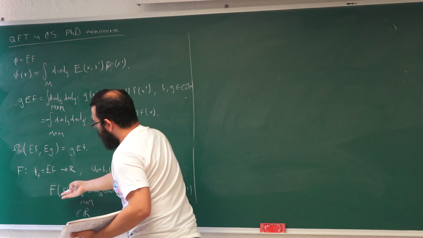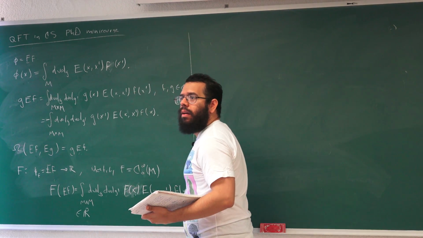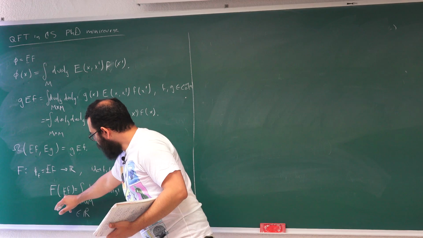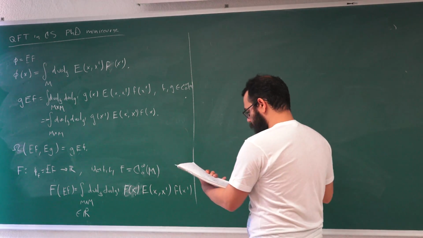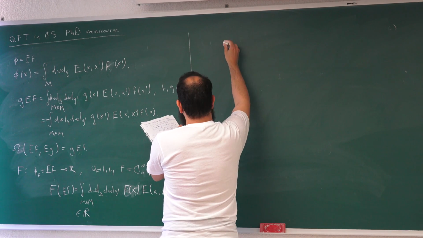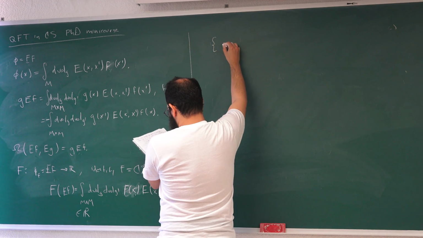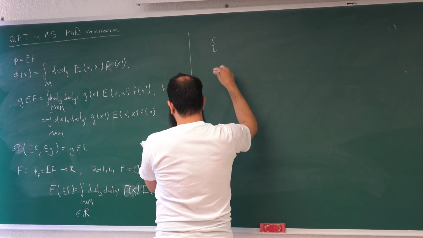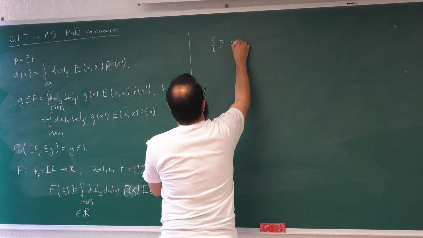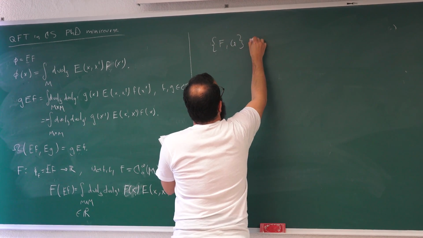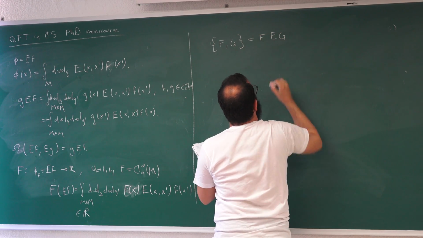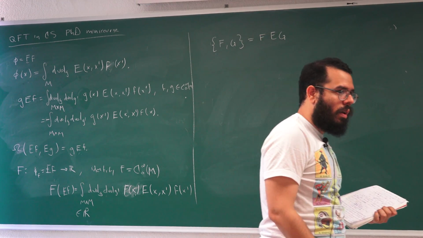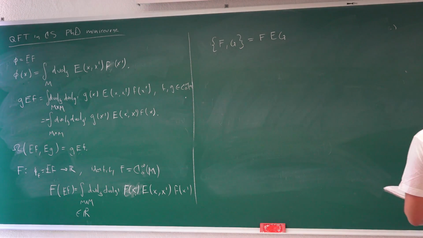I can try to keep exploiting my distinguished E, advanced minus retarded, and I can say that the Poisson structure between two observables is equal to this. Call that the Poisson bracket.